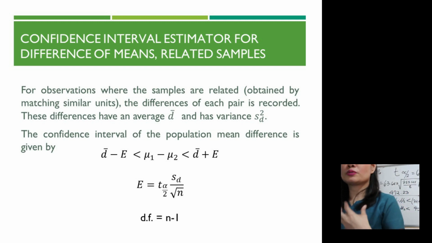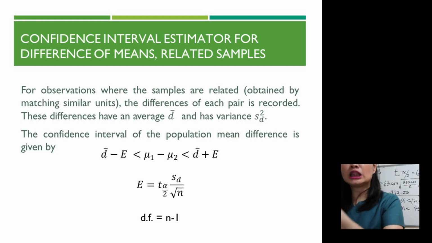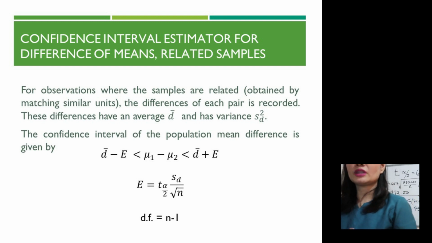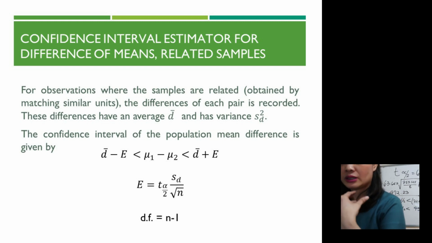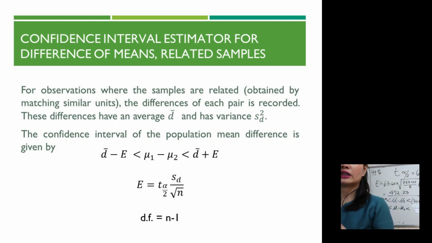The confidence interval of the population mean difference is given by mu sub 1 minus mu sub 2 greater than the mean difference minus the margin of error, but less than the mean difference plus the margin of error. To solve for E, T alpha over 2 multiplied by the standard deviation of the difference divided by the square root of n. So df in this particular case is n minus 1. So we will be using this formula if and only if the condition is the confidence interval estimator for the difference of means of related samples.